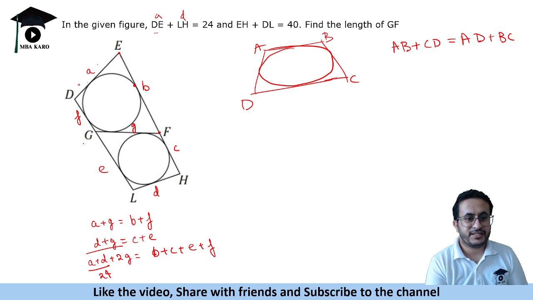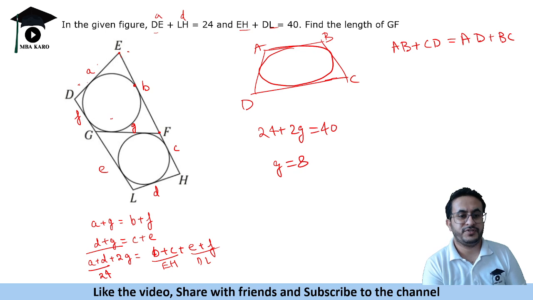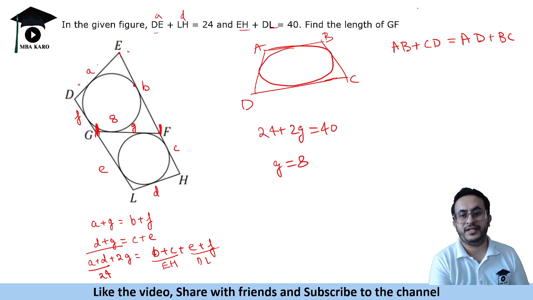Now EH is B plus C, and EF is DL. So EH plus DL we are given as 40. So we have 24 plus 2G is equal to 40. So 2G is 16, or G is equal to 8. So the length of the line segment GF is 8.